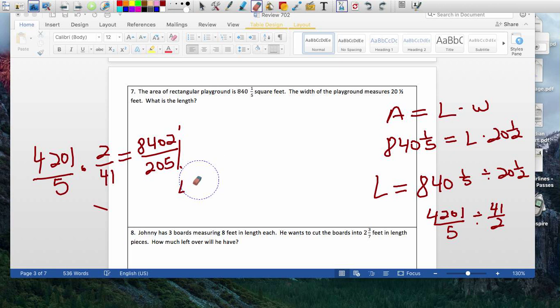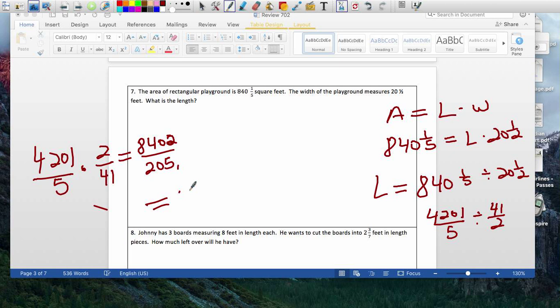So that's okay. We've got to change that to a mixed number. You don't have to, but just in case the multiple choice question doesn't give you your answer as an improper fraction, you have to change this. So how many times can 205 go into there? 8402 divided by 205 equals, so 40 times. 205 times 40 equals 8,200.